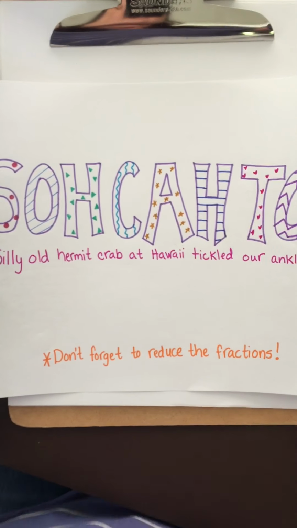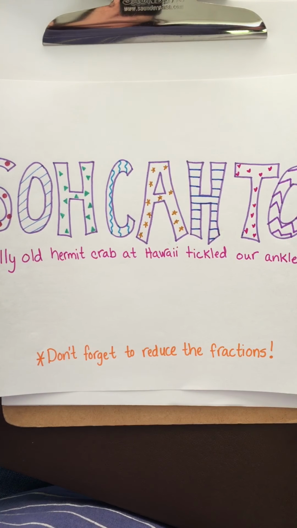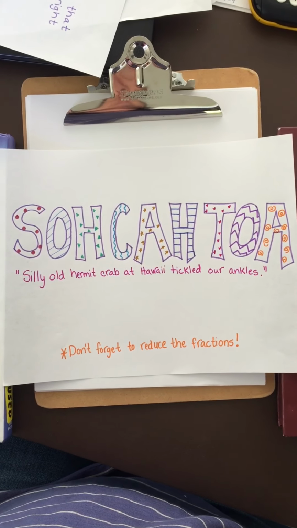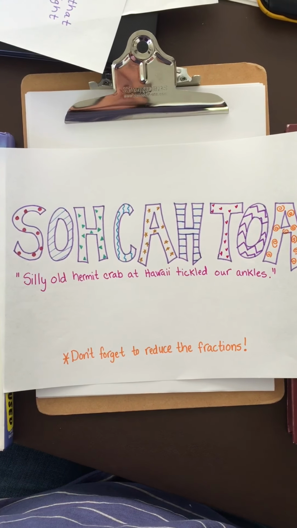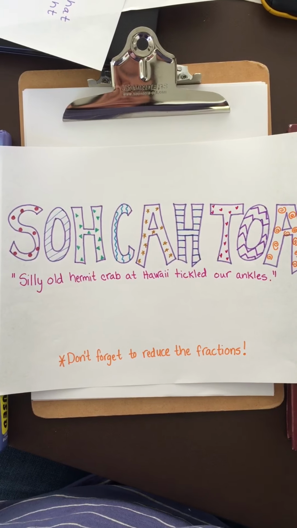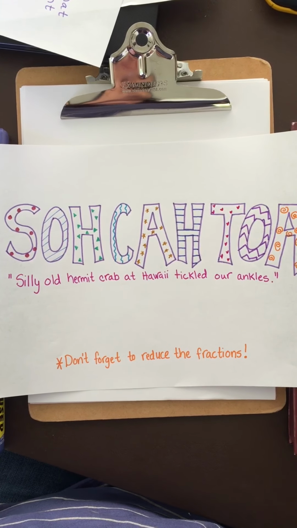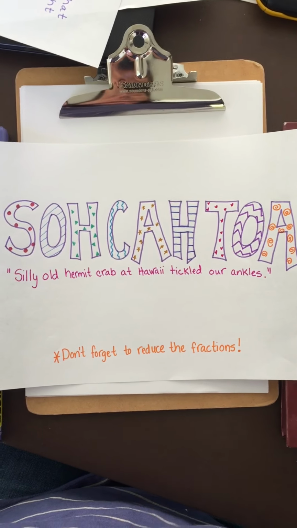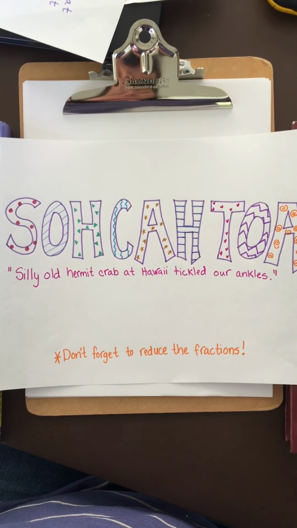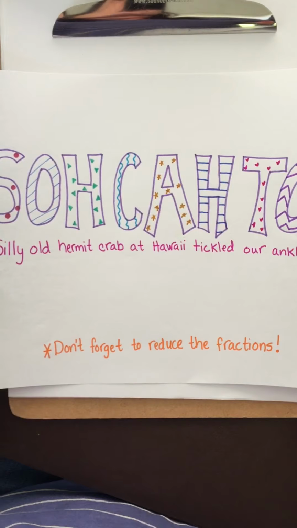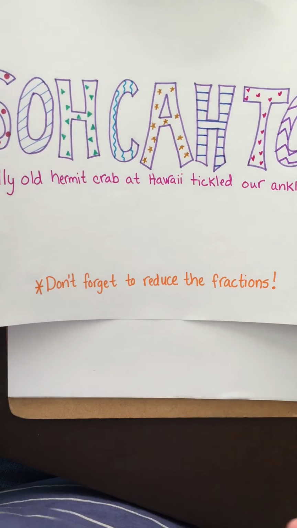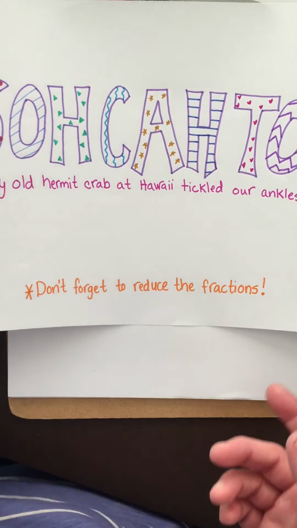Now, there are a lot of different mnemonic devices that people use to memorize the order of these letters. I have one here that I made up, and it says, silly old hermit crab at Hawaii tickled our ankles. There's some about hippies and hogs. You can make one up yourself, but that's just an example. Something important that you need to keep in mind is when you do these, don't forget to reduce the fractions. I mean, you've been doing that since forever.